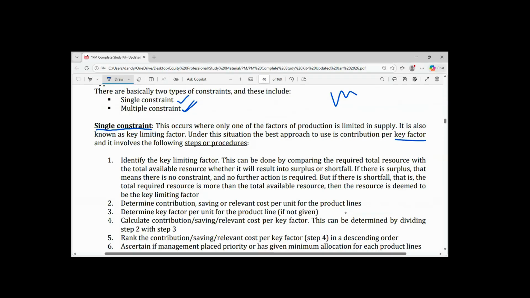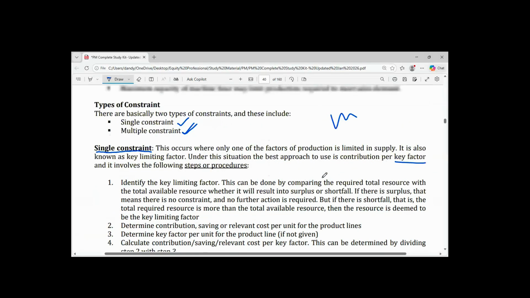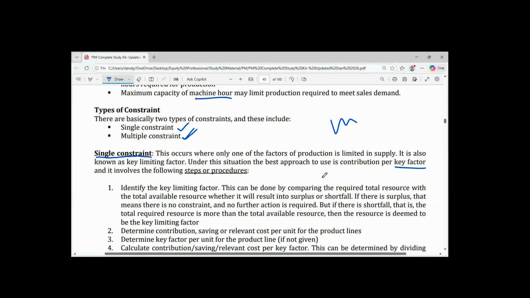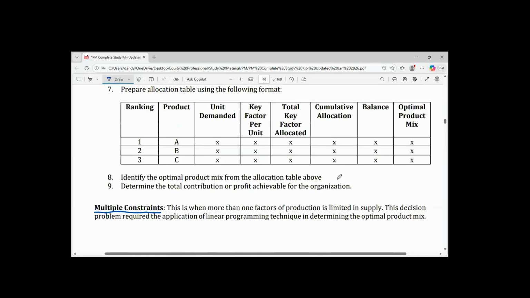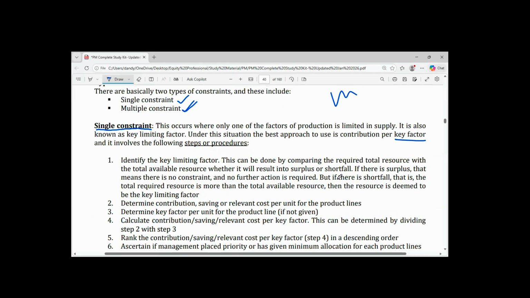Therefore, what are the procedures to carry out anytime you want to allocate limited scarce resources? Specifically, there are about 7 different procedures that you need to carry out anytime you want to allocate limited scarce resources under a single constraint.